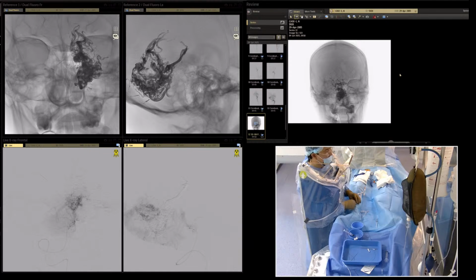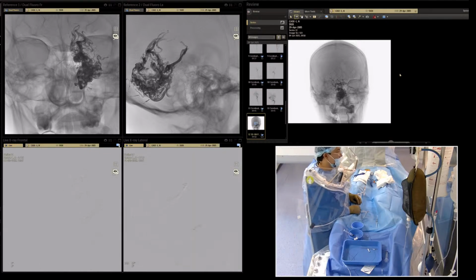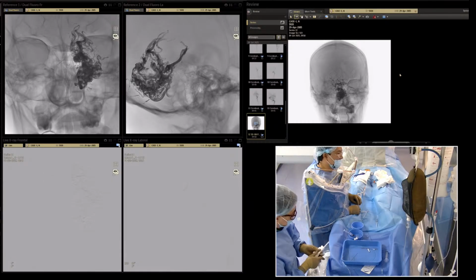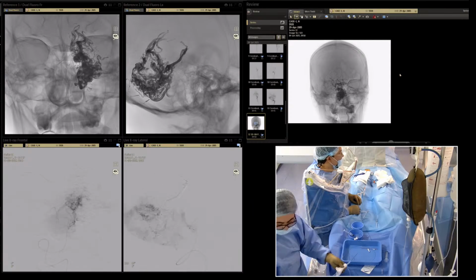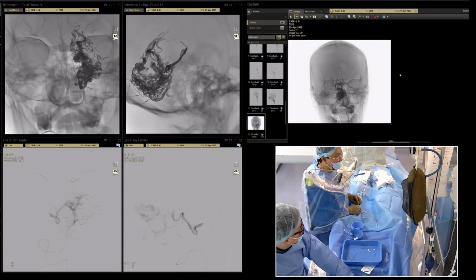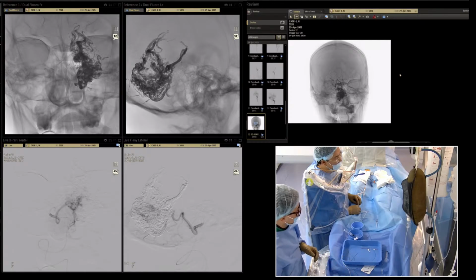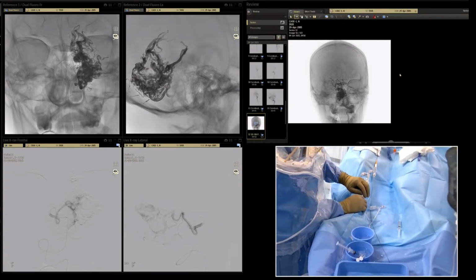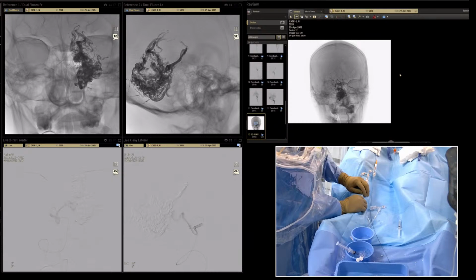There is a supply. Stop. Okay. There are two branches going from the PICA territory.